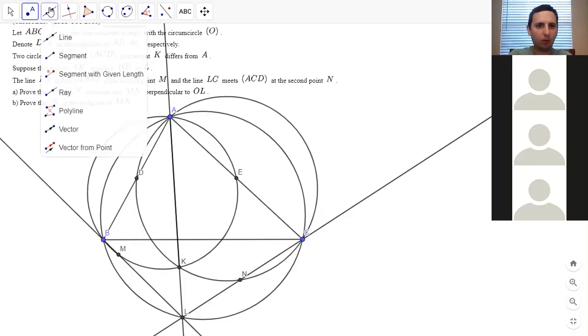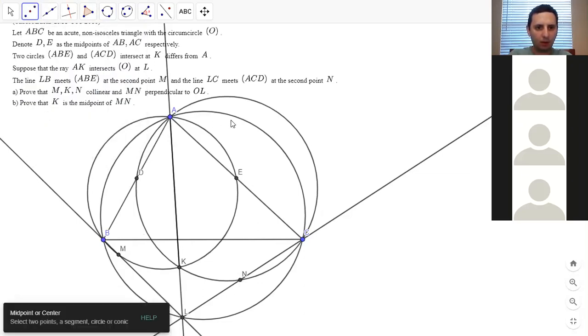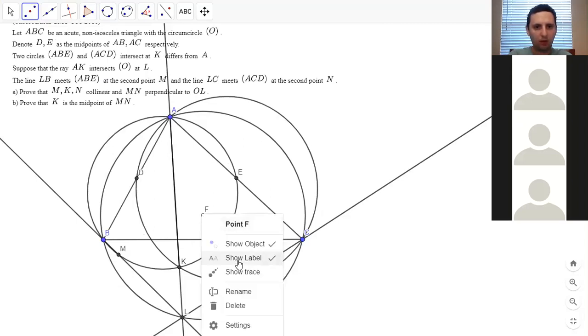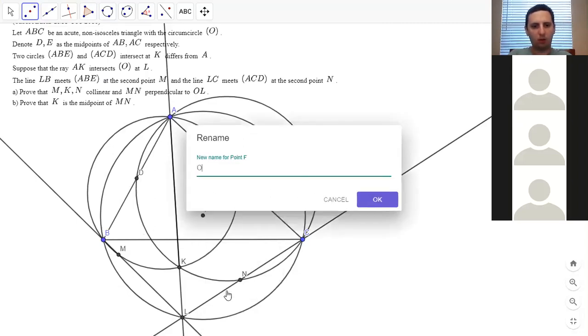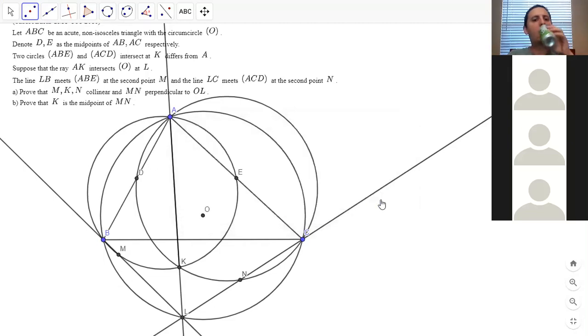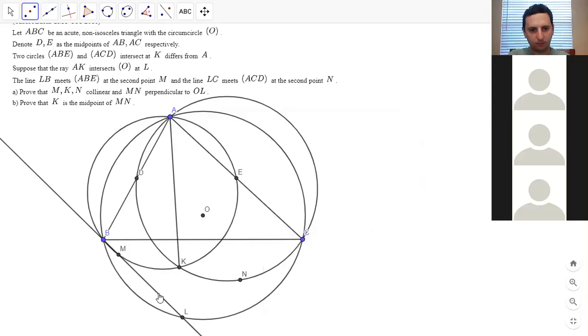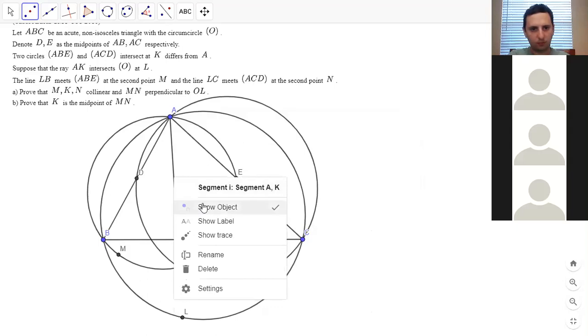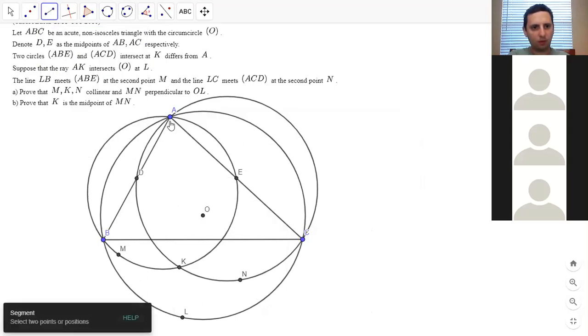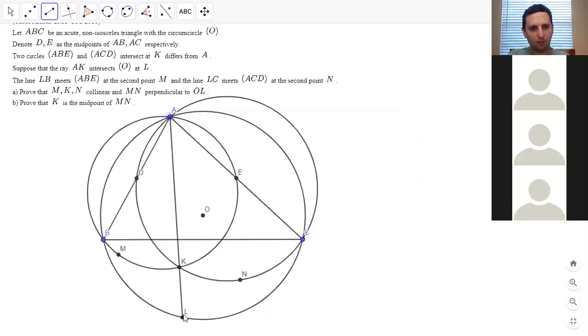Okay, let me draw O. AK is without a doubt a symmedian because if part B would be true, then it would prove that it would be a symmedian. Okay.